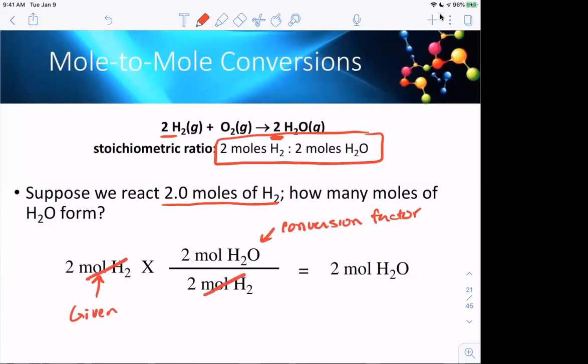Moles of hydrogen cancel. I'm left with moles of water, which is what I want. What I end up with is 2 moles of water as my answer. This is stoichiometry.